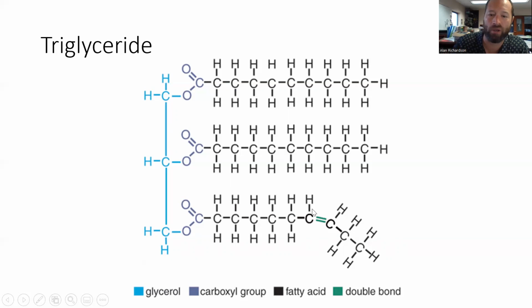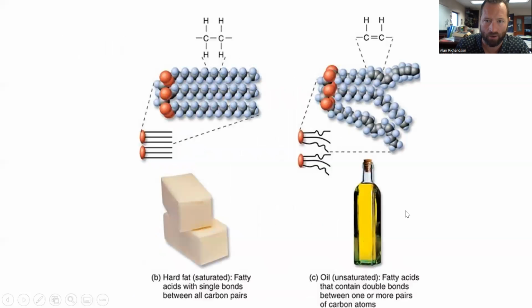And the last fatty acid chain has that double bond and is therefore unsaturated. It does not have the maximum number of hydrogens on it. And again, there's that kink. It kind of kicks out sideways because of that double bond.